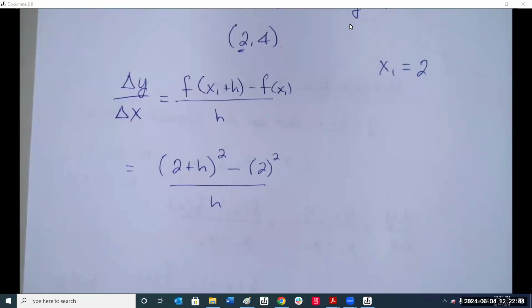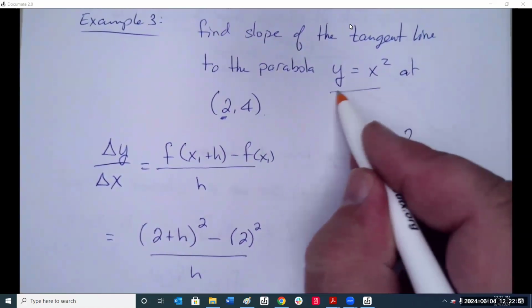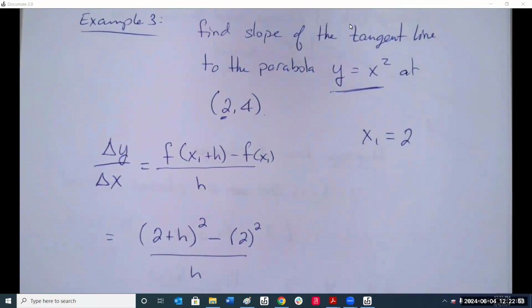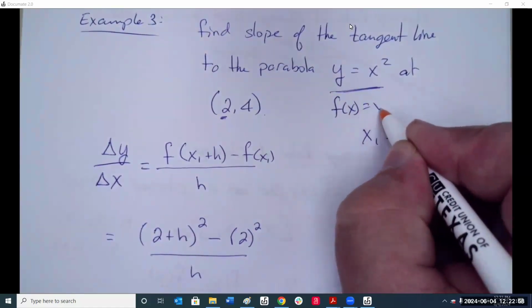Why is it (2 plus h) squared? Because our function f of x is x squared.